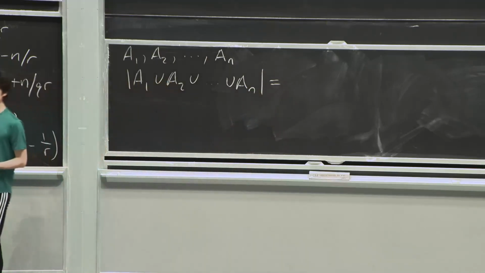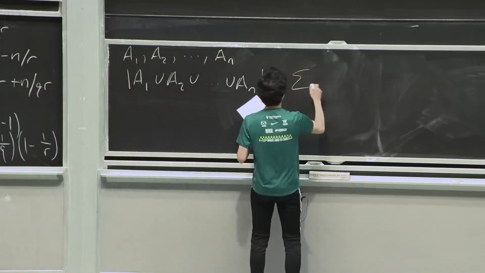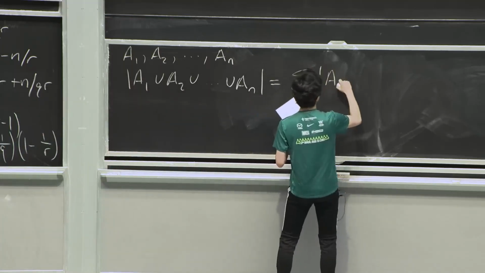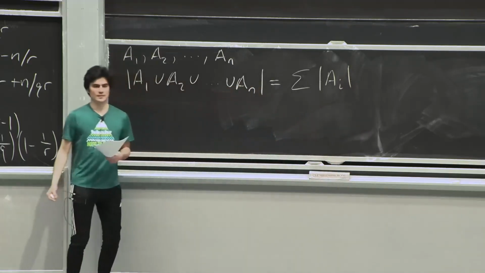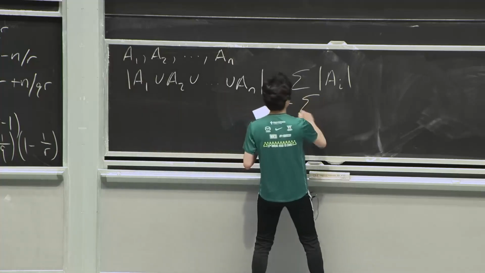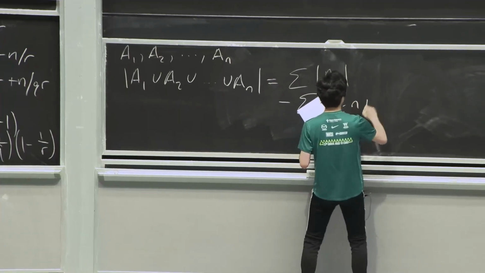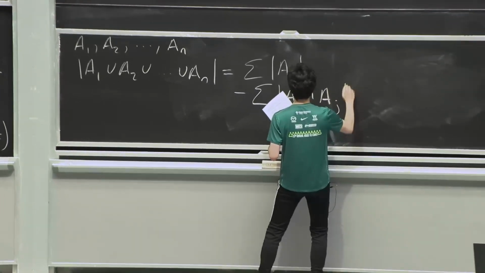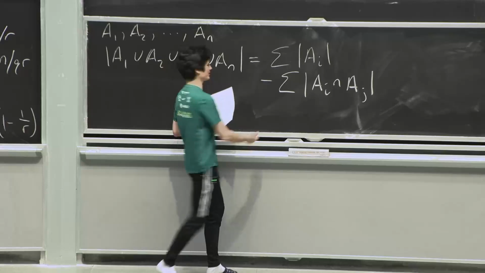So as we did before, we're going to add up the sizes of the individual sets. Okay. Then we're going to subtract off the pairwise intersections. Okay. Then we're going to add in the three-way intersections.